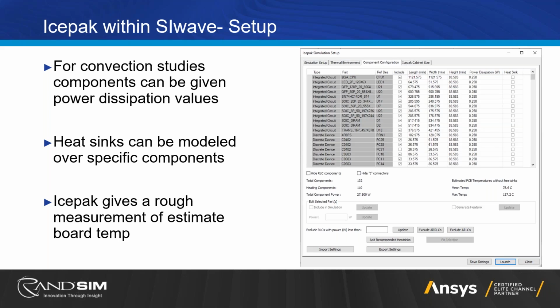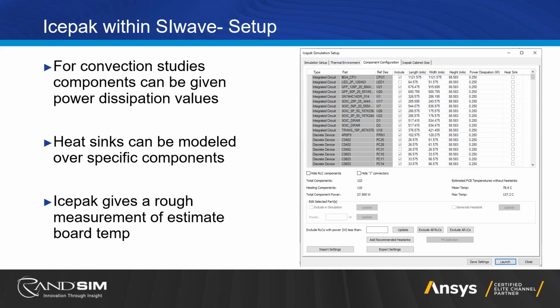And the nice thing about, again, bringing in an ODB++ or an IPC 2581, the 3D geometries that you would be creating for your components within tools like Altium will come through within the length, width, height of the components here in this Icepak simulation. So those import over very smoothly. And again, a user can go in and define the power dissipation on each component or on a group of components.